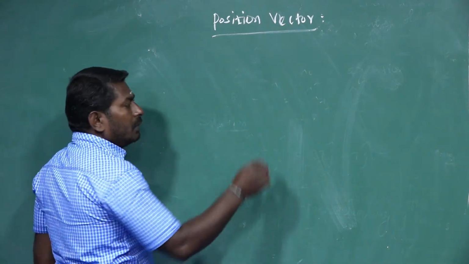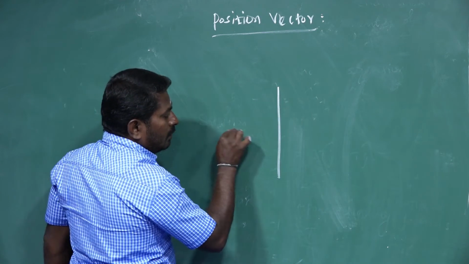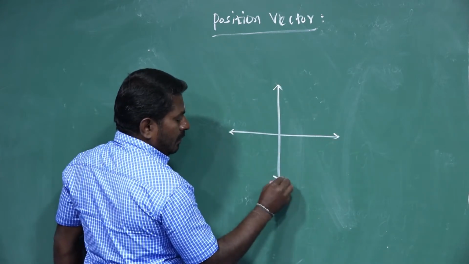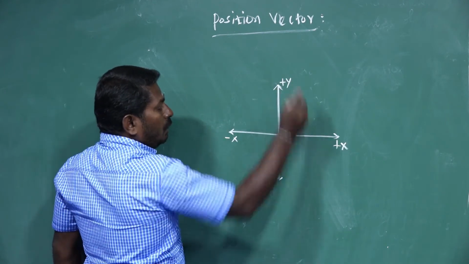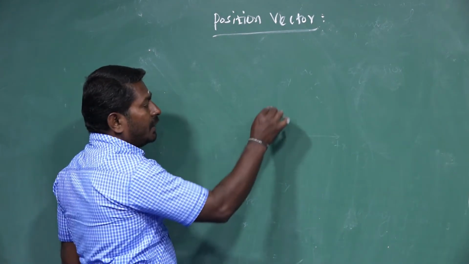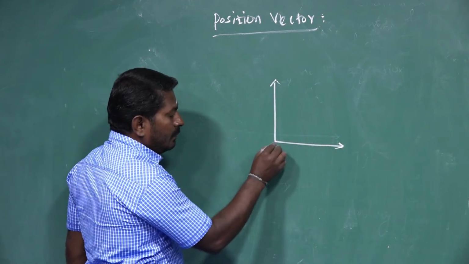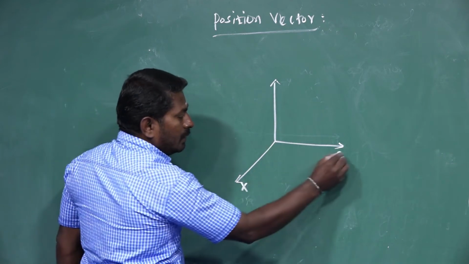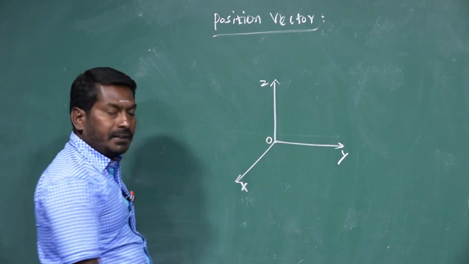Let me assume a three-dimensional Cartesian coordinate system: positive x-axis, negative x-axis, positive y-axis, negative y-axis, z-axis, and the origin of the coordinate system.